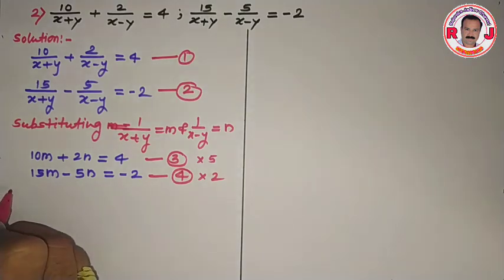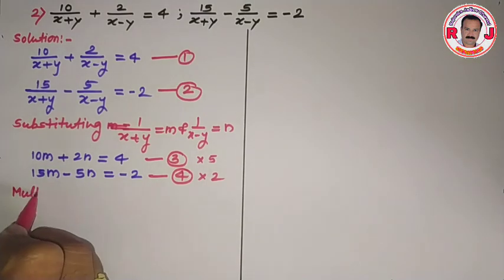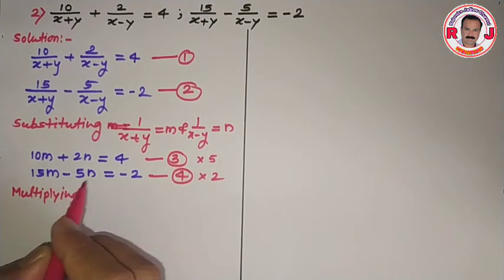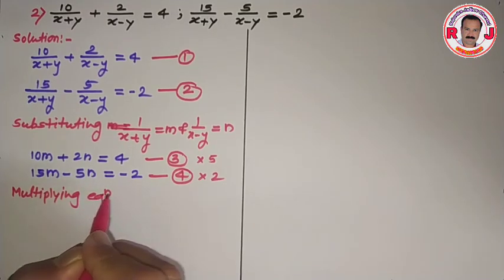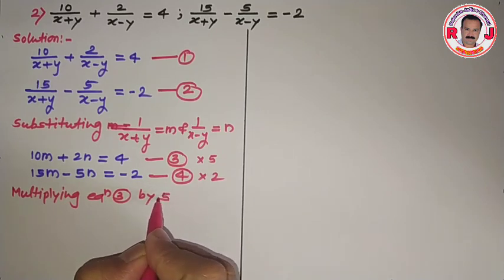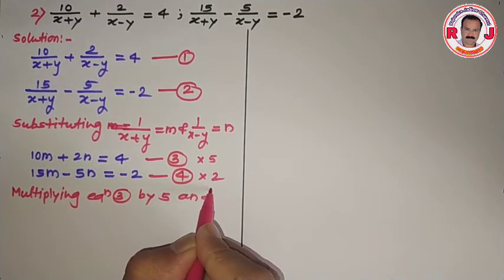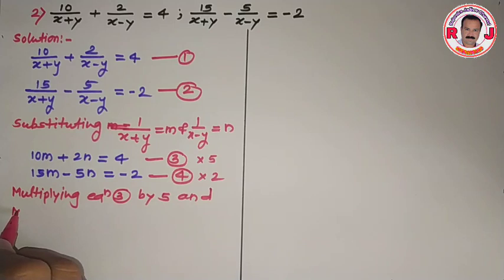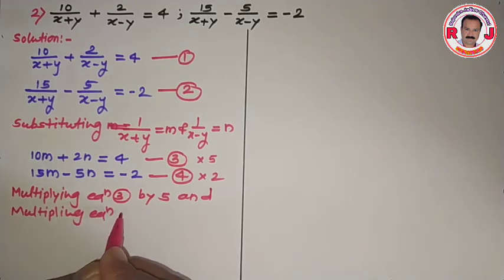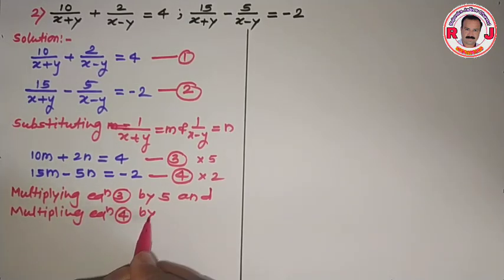म्हणून multiplying equation 3 by 5 and multiplying equation 4 by 2.